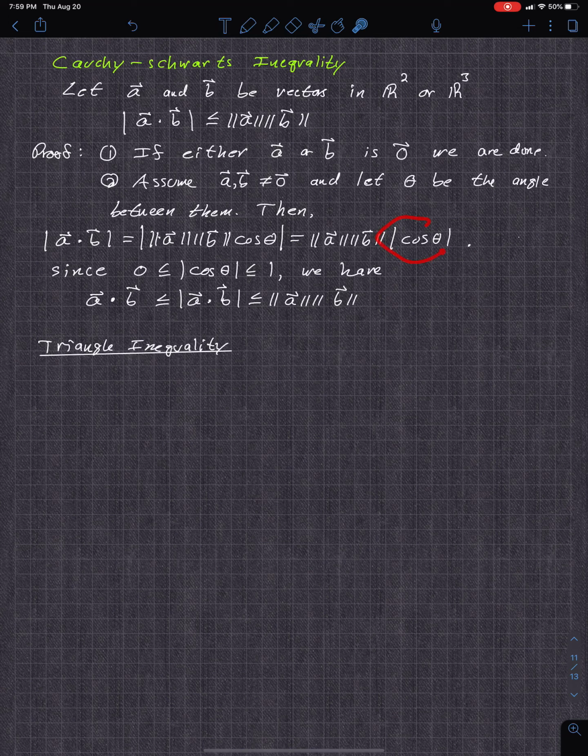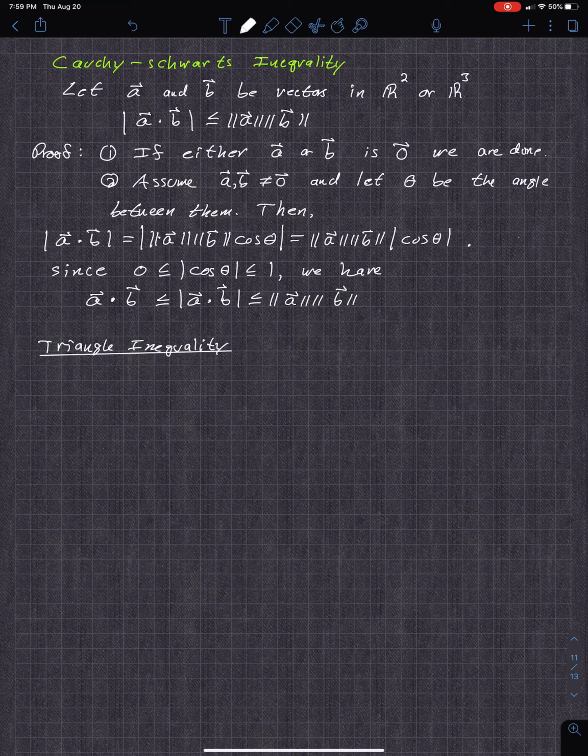If you multiply by a fraction, like a half, it's always going to be smaller. So if you take it away, then this has to be larger.